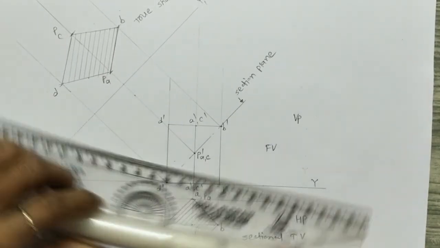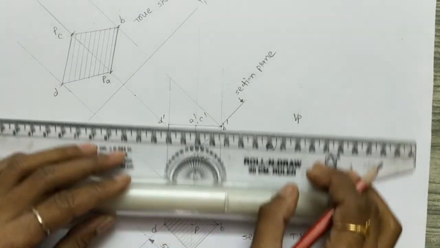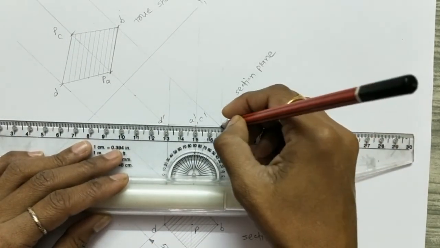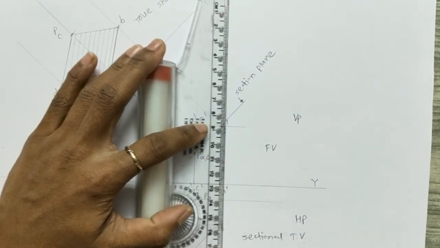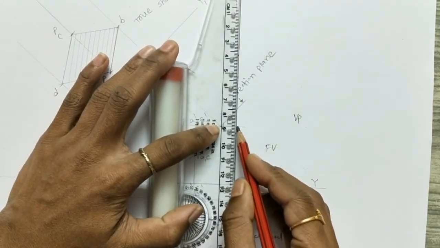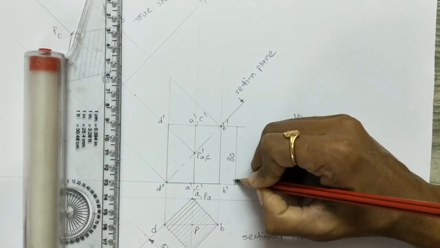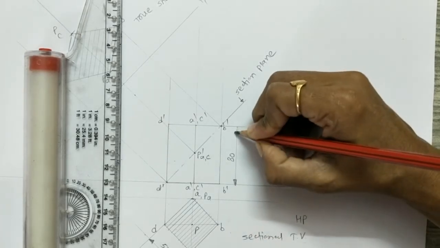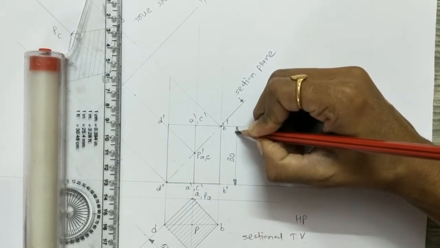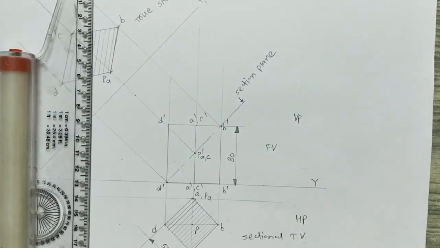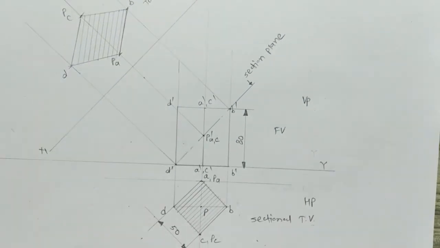So axis height 80. So in this way we have completed front view, sectional top view and true shape of a square prism.